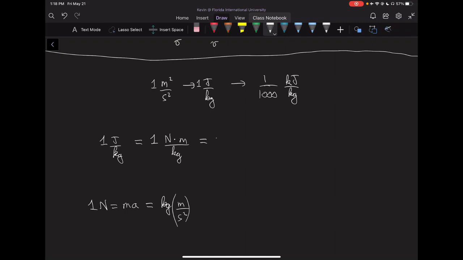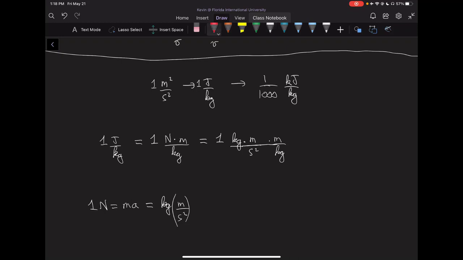So we can say that this is equal to 1 kilogram times meter per second squared, times what was already there, meters per kilogram. Okay, and so now we have an equation that shows kilograms, meter, second squared, and kilograms at the bottom.